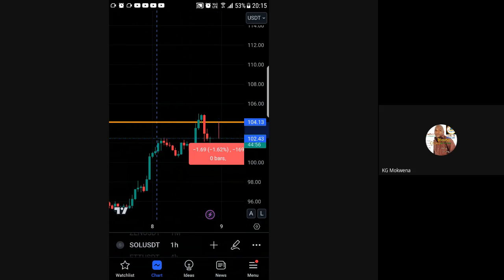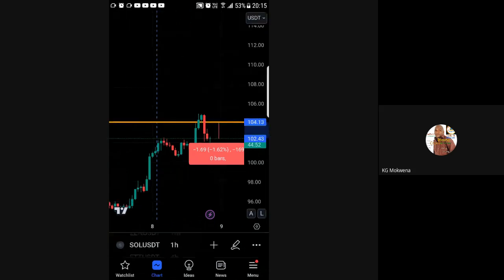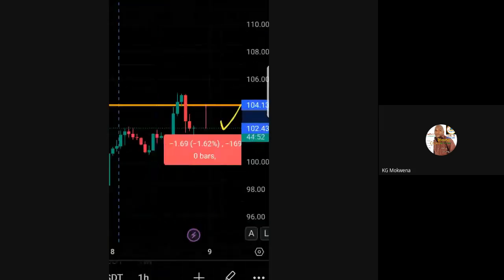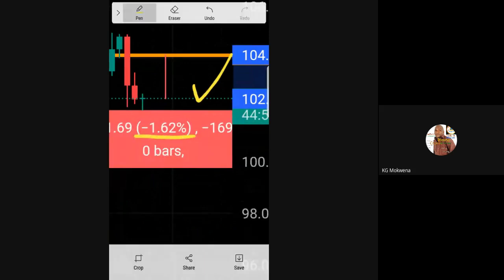So at the moment, this is what we see, the percentage here. It means, Leader Messi, when you go to your Royal Q, you will see that the return rate is around minus 1.626163, somewhere there.